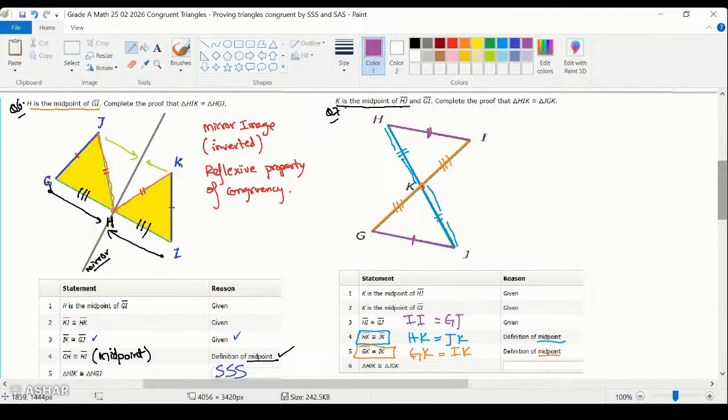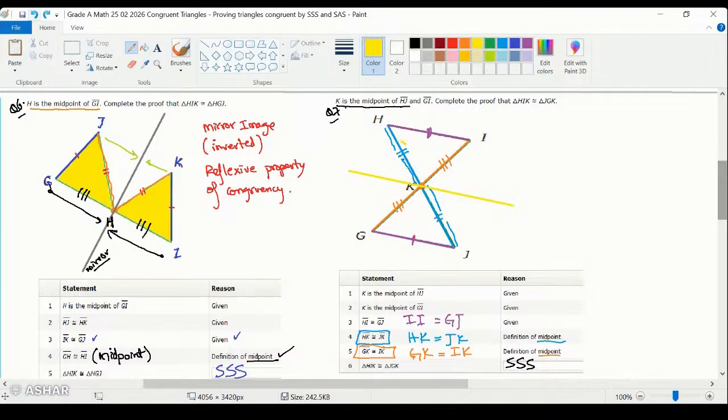So they are giving us three sides over here. So we can say the side, side, side property would be used. And can we still say that this is a reflective image? No, it's not reflective. If this were reflective, then this value of 2 would be over here, right? But this is not reflective.